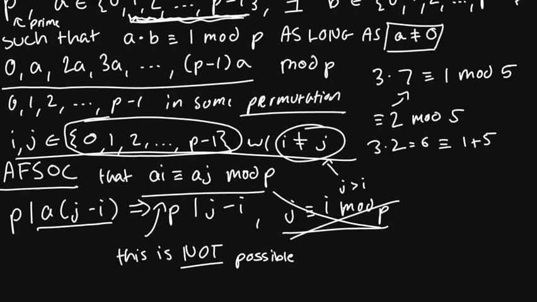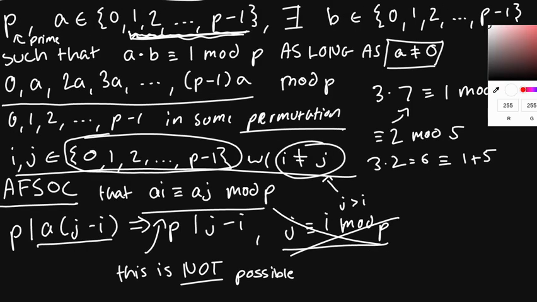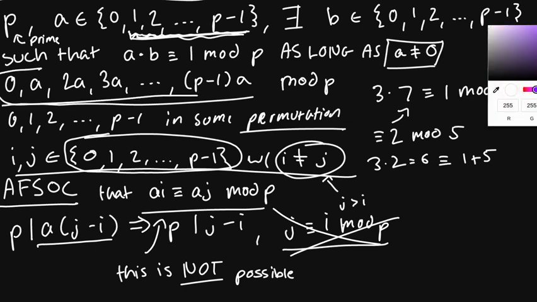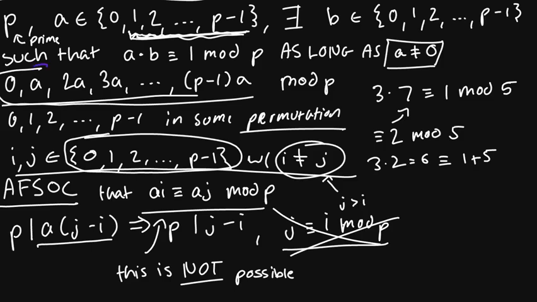So for this sequence right here, we will never get the same number twice in a row.